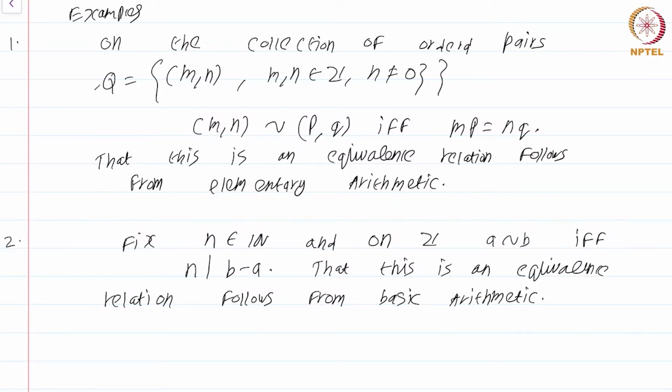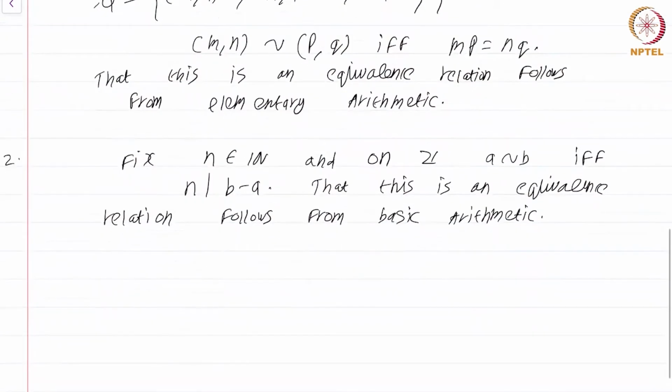Fine. So, this equivalence relation will give something called integers modulo n. These are very important in cryptography and number theory.